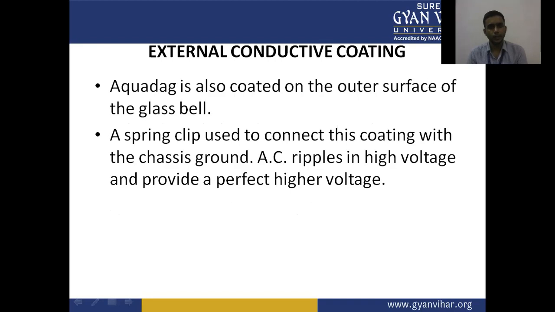External conductive coating. Aquadag is also coated on the outer surface of the glass bulb. A spring clip is used to connect this coating with the chassis ground. It filters AC ripples in the high voltage and provides a perfect high voltage.